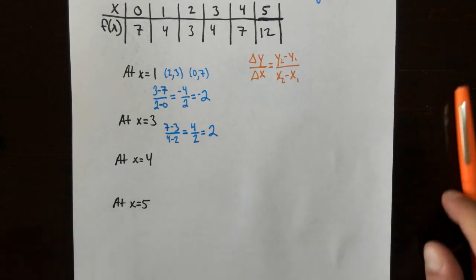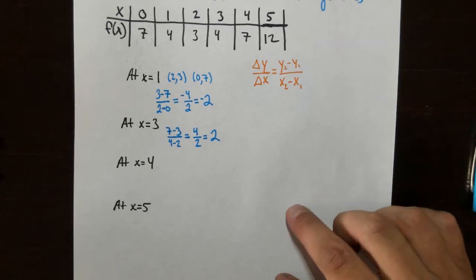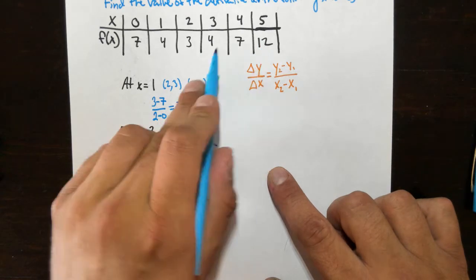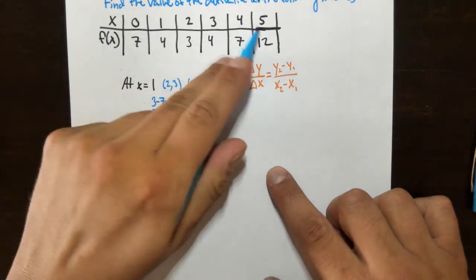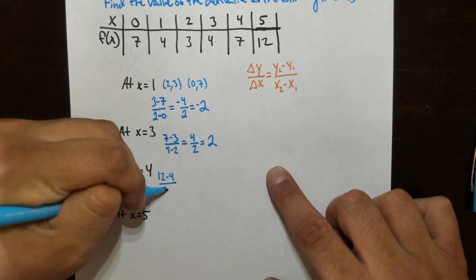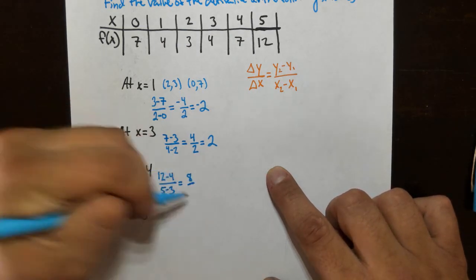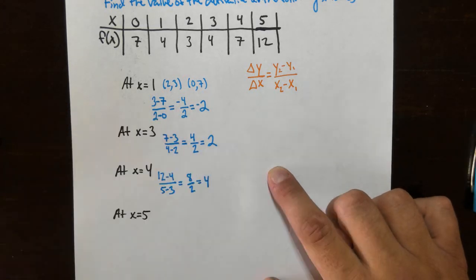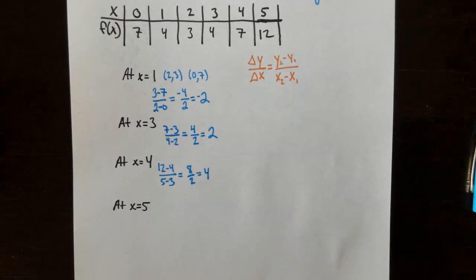Looking at the next one, x equals 4, this works the same way. So here, we're going to look at this point and this point. So 12 minus 4 divided by 5 minus 3. 12 minus 4 is 8 over 2, and that gives us 4. So the derivative at x equals 4 should be about 4.